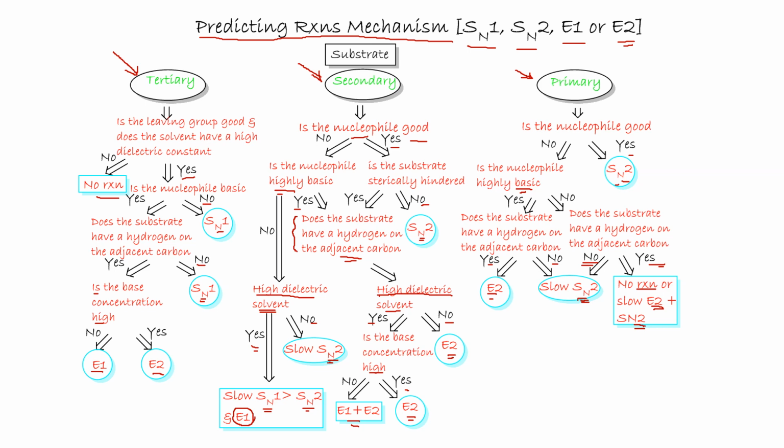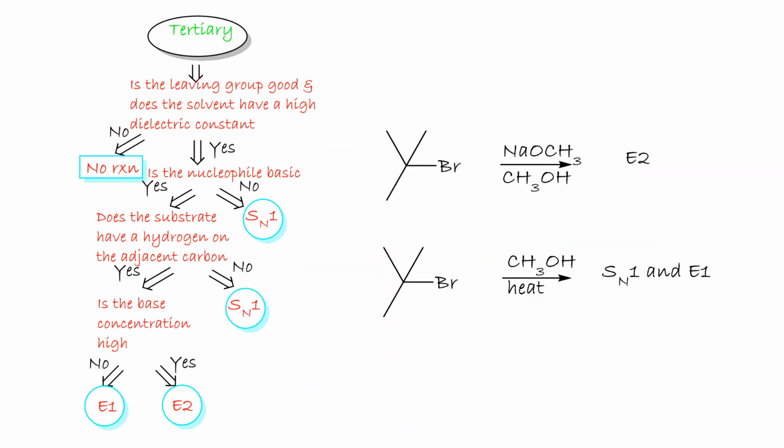Now what we have to do is take an example of each of them. Tertiary butyl bromide in presence of sodium methoxide. Is the leaving group good? Yes. Is the nucleophile basic?